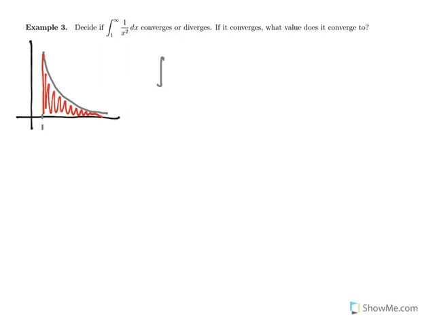We're going to say this improper integral, we're going to rewrite as the integral from 1 to b, and b here is going to be a very big number. We're going to let b get bigger and bigger. So b is a big finite number.